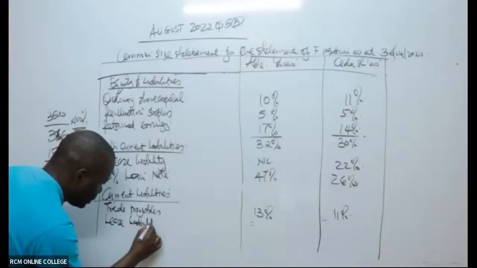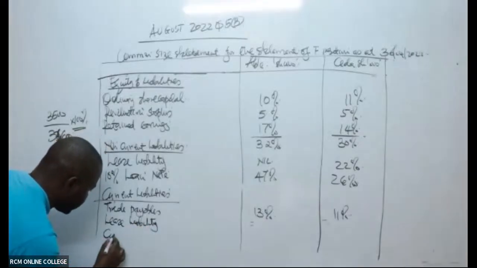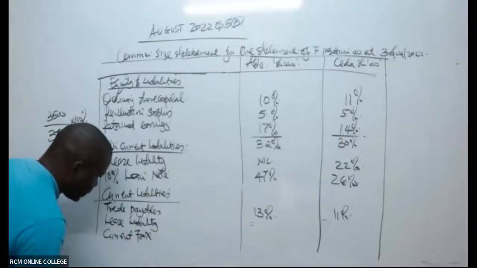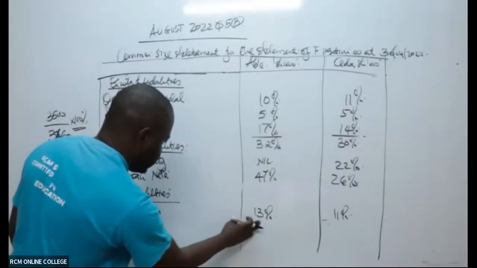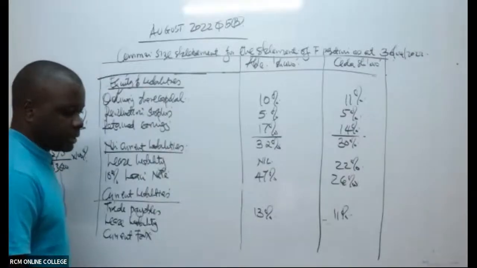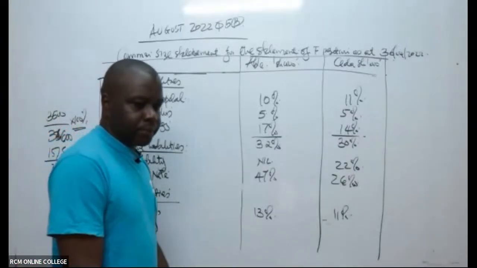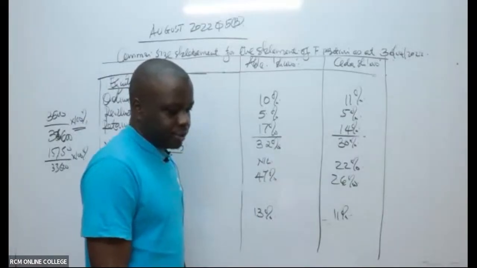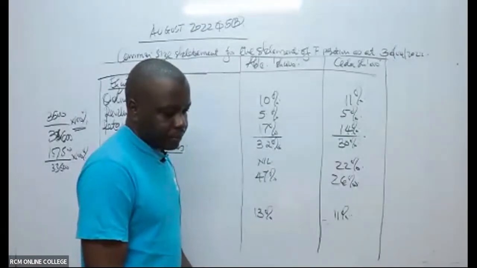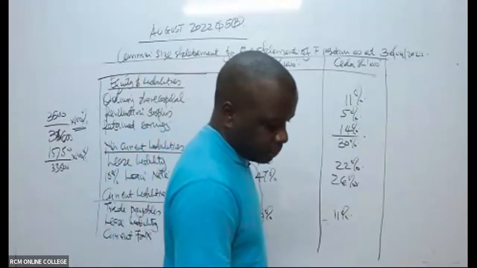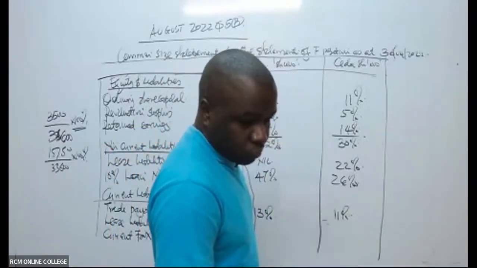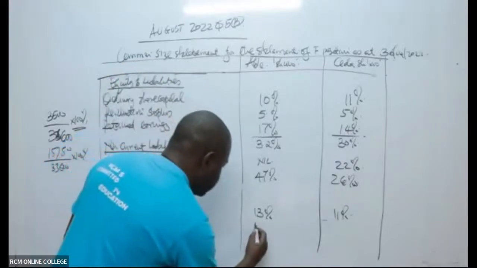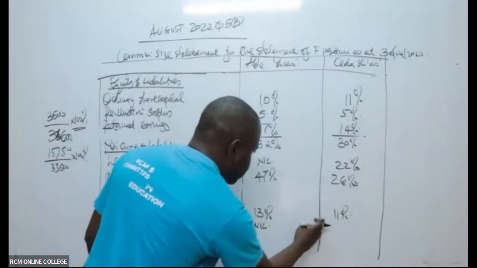Lease liability. Then of course you have current tax. It is not deferred tax, but it's the tax in the current year. So the lease liability is what percent? And so you're saying 11%. Is it true? Lease liability. The first one is nil because there's no figure there.